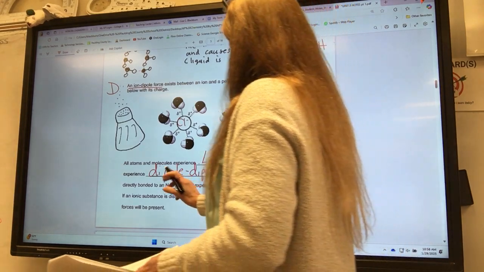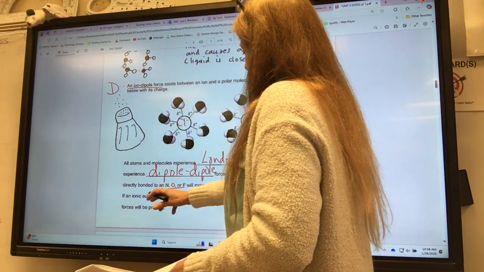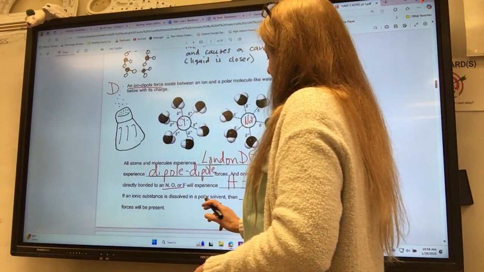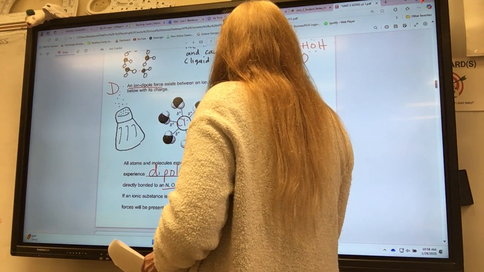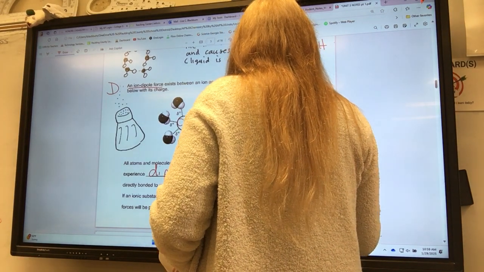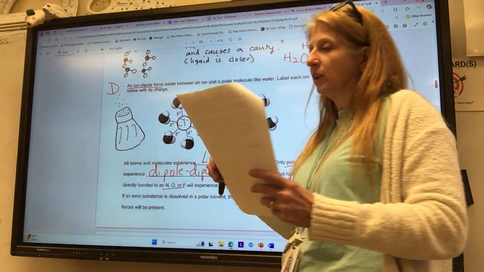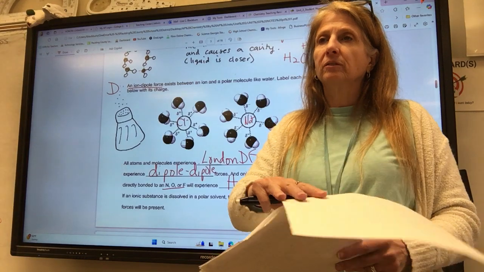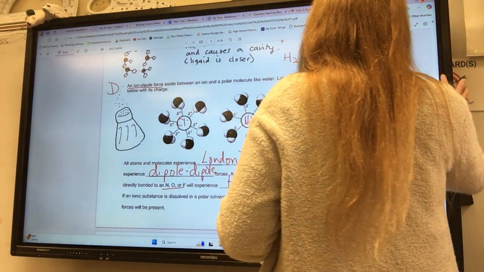And only if it's an ionic substance dissolved in a polar solvent will you get ion dipole. Okay, feeling good about all this? All right, I think y'all seem to be doing good.